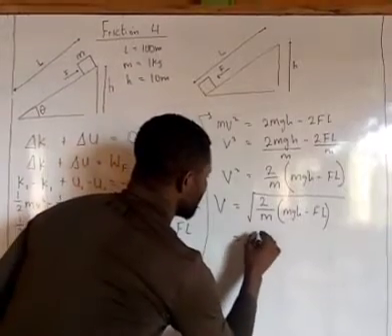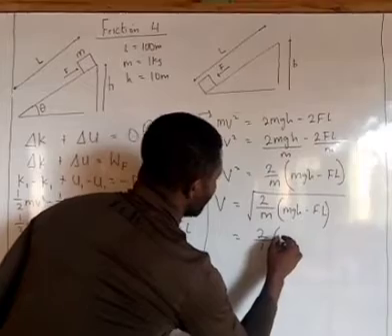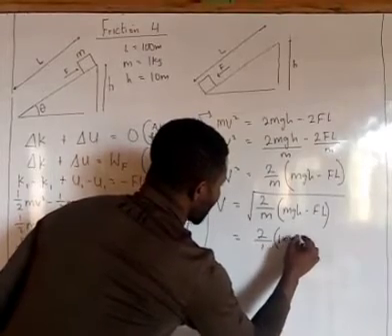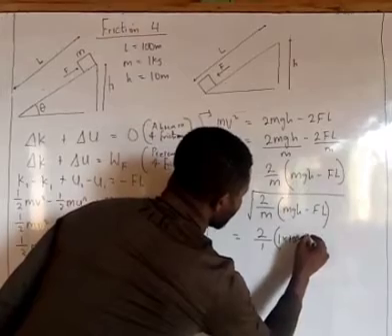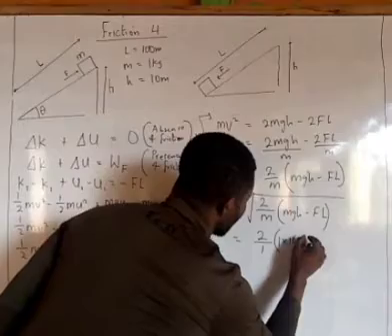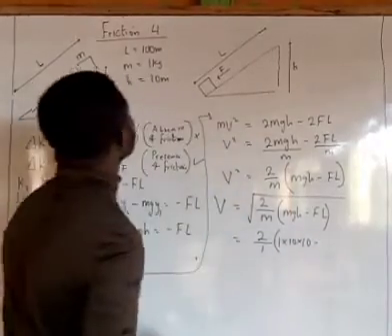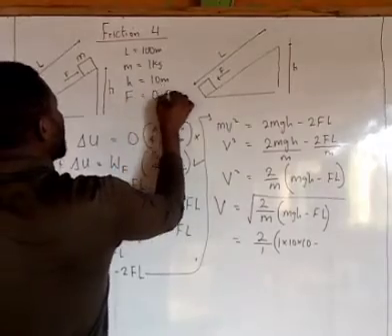You have 2 over 1, open bracket, 1 times 10 times 10, that is 100, minus, okay, let my F be 0.5.